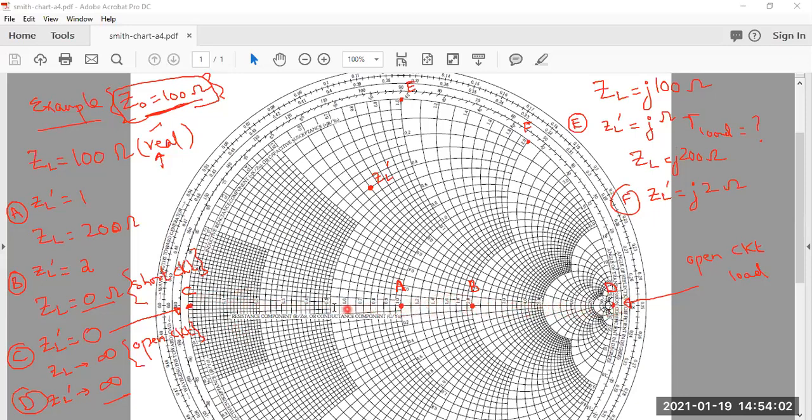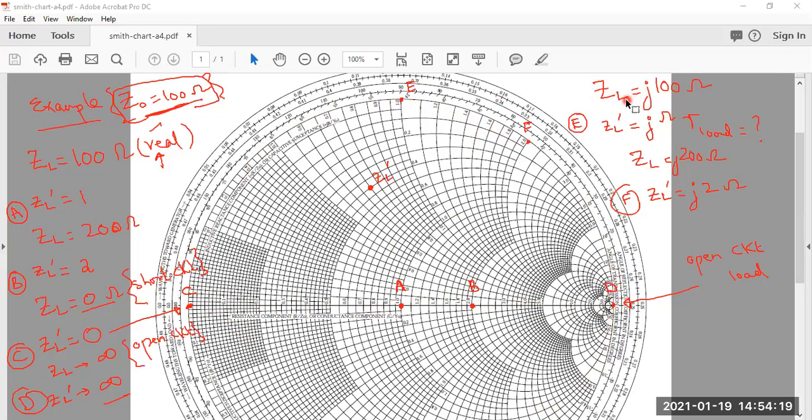And if load is purely imaginary, then it will be anywhere on this outermost circle.